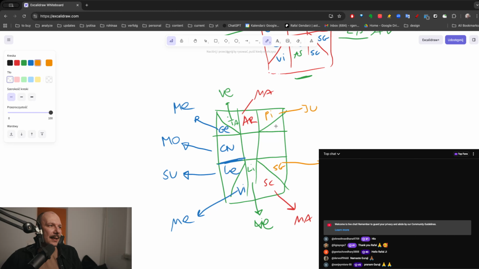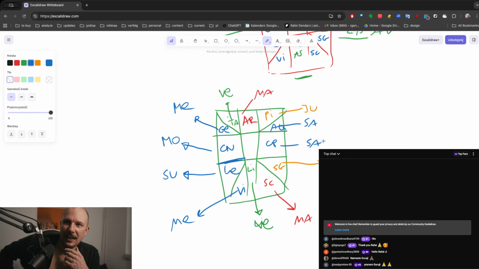And the last one, Saturn is here, lording Aquarius and Capricorn. So this is the logic behind the lordship, and also a nice way to remember how the lordship is working.